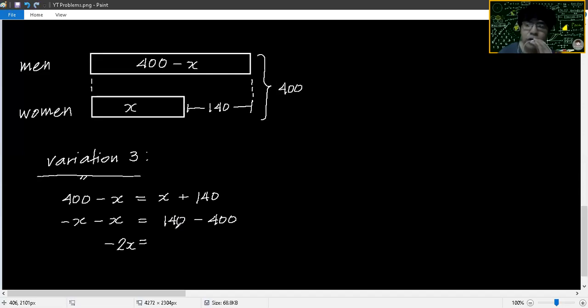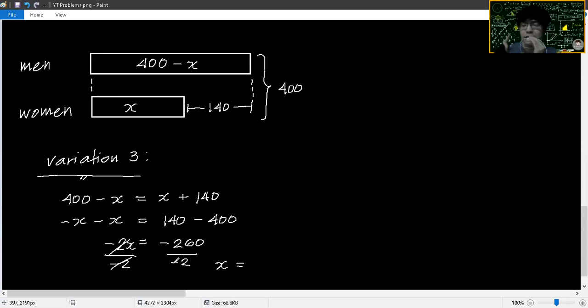Positive 140 plus negative 400 is equal to negative 260. Get the quotient to solve for the value of x. So the value of x will be negative 260 divided by negative 2.